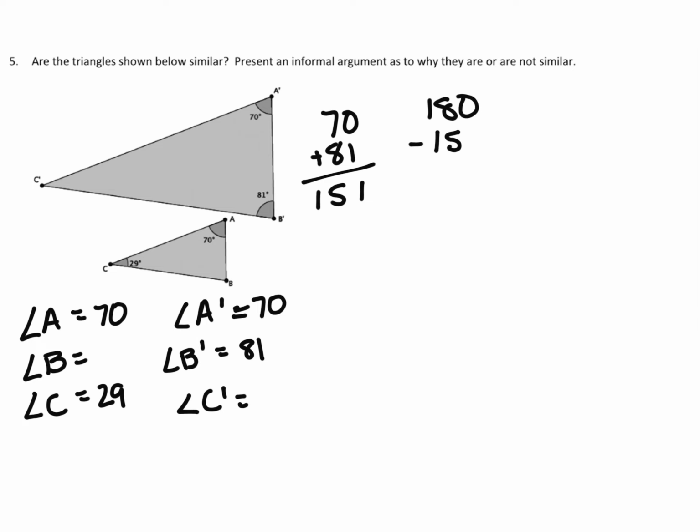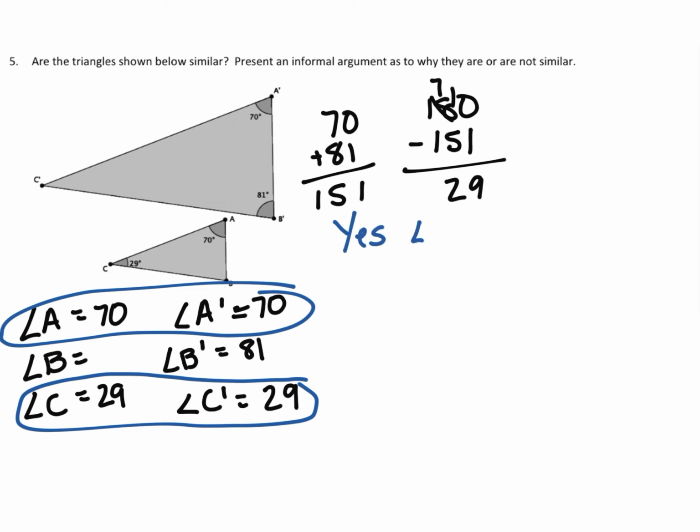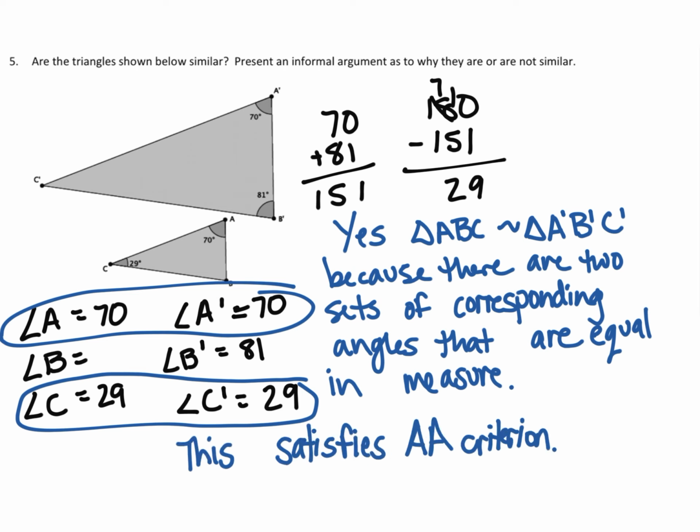And to get all the angles we need, we can subtract that from 180, which gives us 29 for angle C prime. This means there's 1 set and 2 sets. So yes, ABC is similar to A prime, B prime, C prime. And the reason is the same as the previous ones.